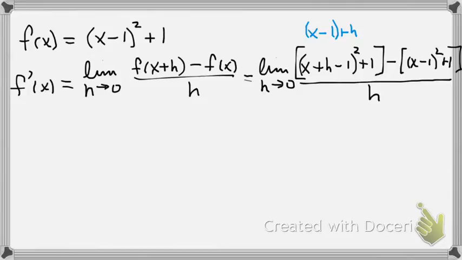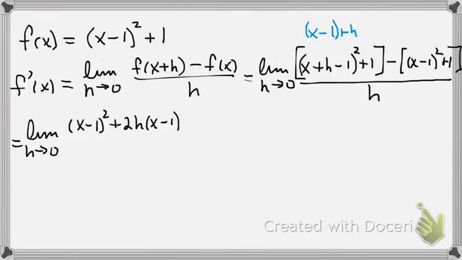All right. So we have the limit as h approaches 0. Now, squaring out a binomial is pretty easy. That's going to be x minus 1 squared plus 2h times x minus 1 plus h squared, right? a squared, ab doubled, b squared, right?